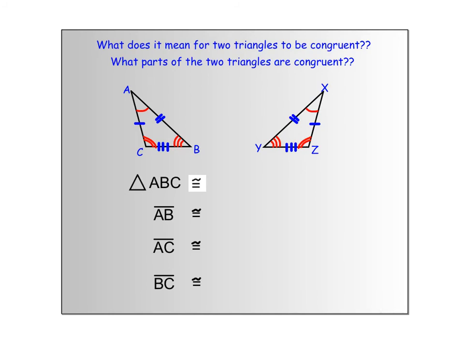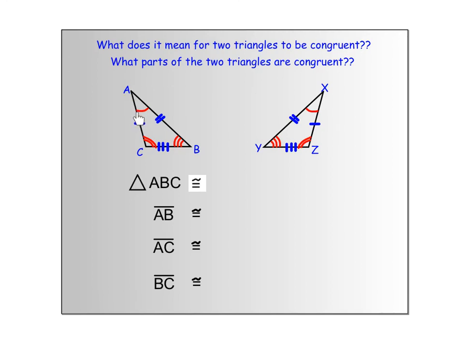We're going to talk specifically about triangles on this page. Let's look at what it means for two triangles to be congruent and what parts of those two triangles are congruent. You can see labels here. I've got triangle ABC, and I'm being told that triangle ABC is congruent to this triangle over here. Now, we want to orient the correct angles to their corresponding angle in the other triangle.